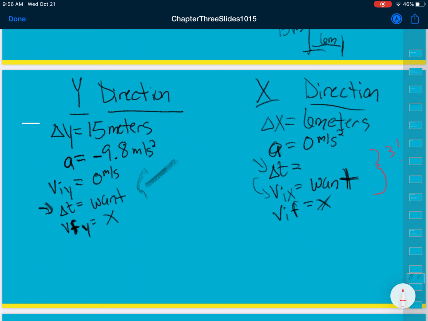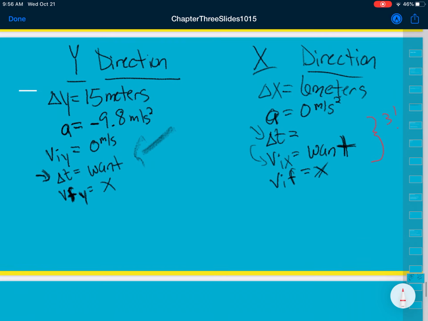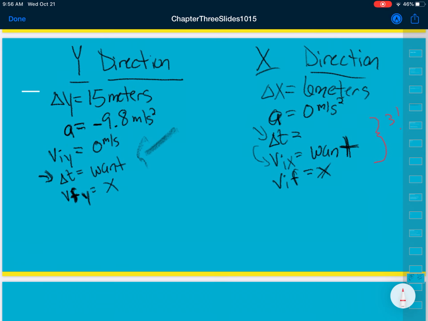We don't know delta t. We don't know v initial in the x direction. And we don't know v final in the x direction. So we don't know any of those 3 terms, so I'm not really able to solve anything in the x direction at this particular moment.